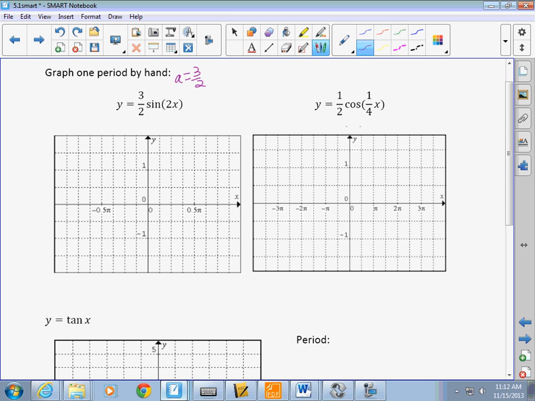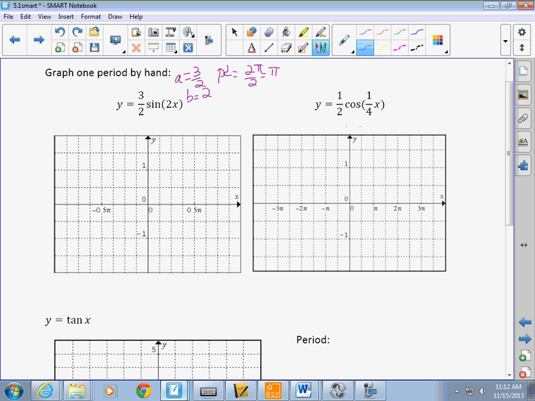So normal is going to be 2 pi, but since my b value is equal to 2, my period is going to be 2 pi divided by 2, so it's going to be pi.